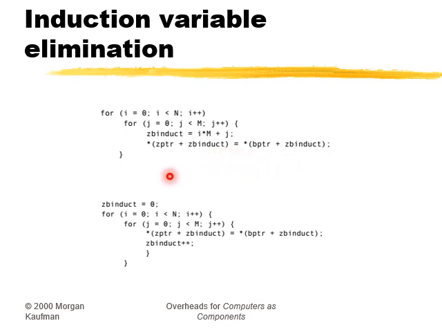However, we do not need to compute zbind in each loop iteration. Since we are stepping through the array sequentially, we can simply update the value of the induction variable. So what we can do, we just need to increment the value of zbind.